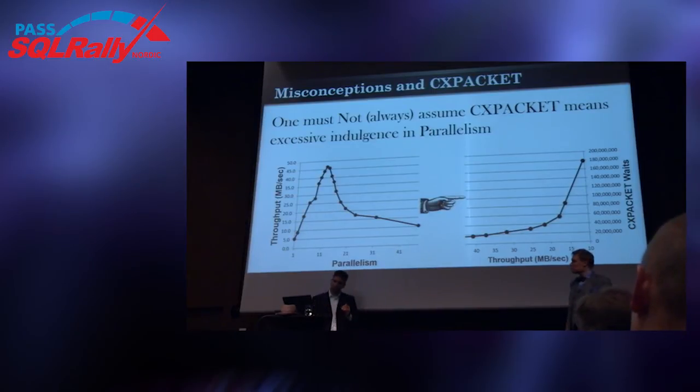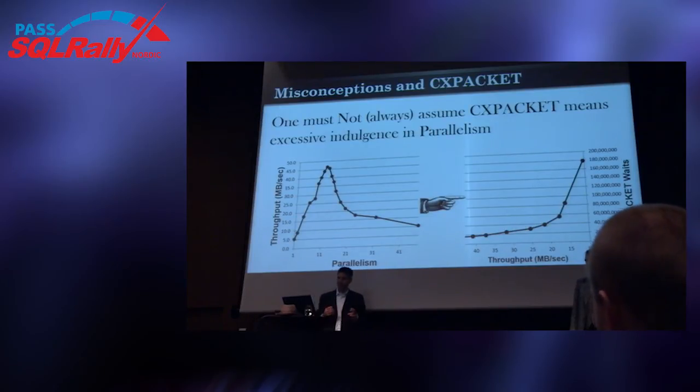And instead of pushing it row by row, it pushes in packets of rows. So there are exchange packets. There's a class in the SQL Server source code called CXPacket, the class that implements exchange packet. And CXPACKET is the wait type associated with that class. That's what CXPACKET means. So what it means, and all it means, is that there is a thread waiting on another thread to give it some rows. That's it.